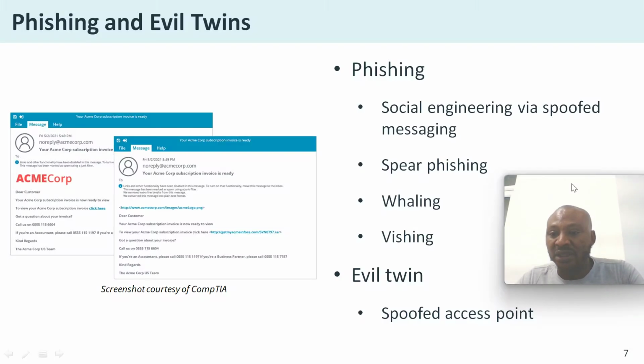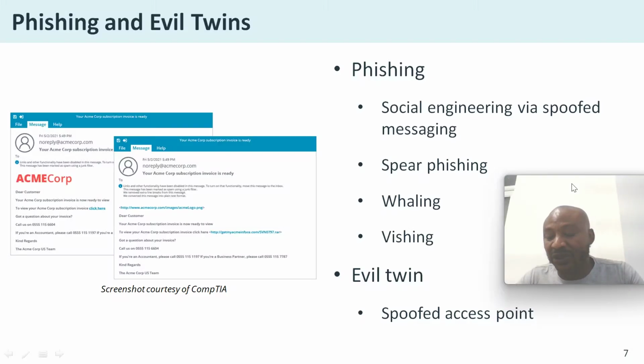Then whaling. Whaling is a kind of social engineering trick that is targeted at high executives, those senior executives like the C-suite: the CEO, the COO, the CFO. All those messages are targeted at them, trying to impersonate them to get information.